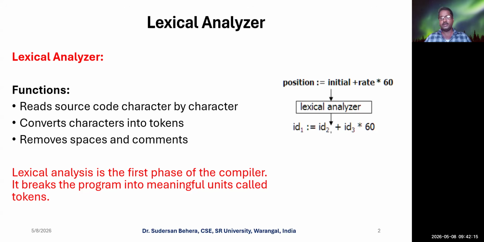So for position, initial and rate, it just creates the identifier numbers ID1, ID2 and ID3, and stores them in the symbol table. This is the task performed by the lexical analyzer.